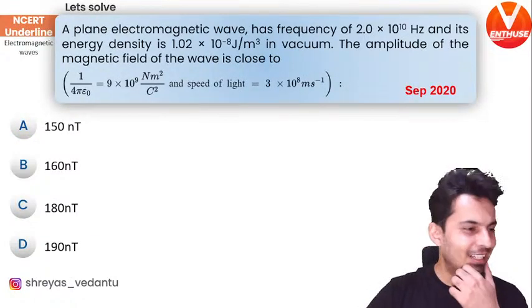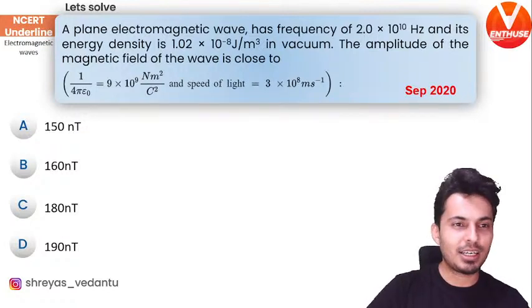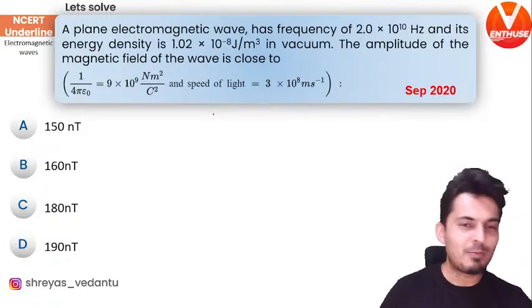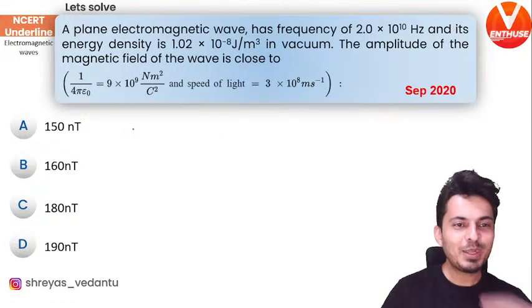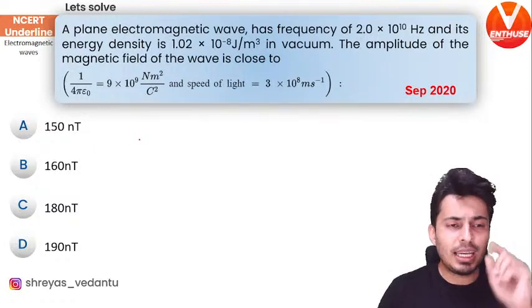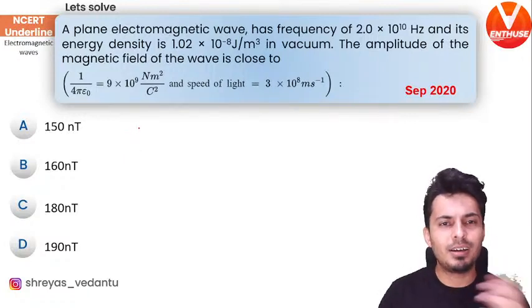Moving on to the next question coming up on your screen. A plane electromagnetic wave has a frequency of this much and energy density of this much. Amplitude of the magnetic field is approximately how much? Okay, frequency is known, energy density is known, the magnetic field's amplitude has been asked.